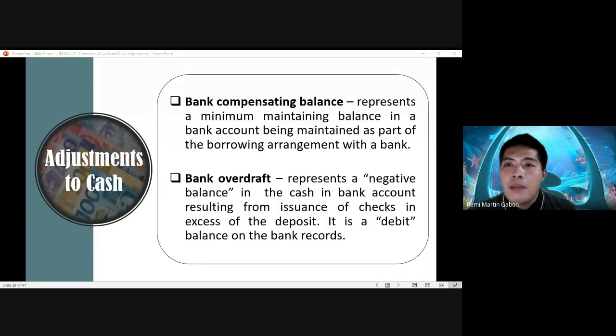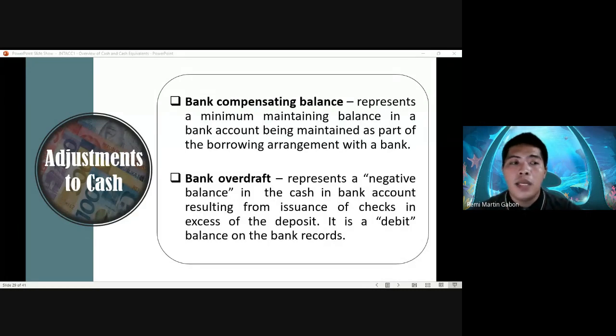But generally kay bank, upon receiving your deposit, the bank recognizes liability. The bank recognizes a liability to secure that deposit. Kasi nga, binigay mo kay bank for safekeeping.